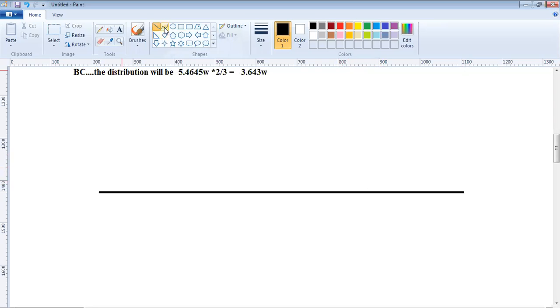What will that be? This is the sagging side. This is the hogging side.